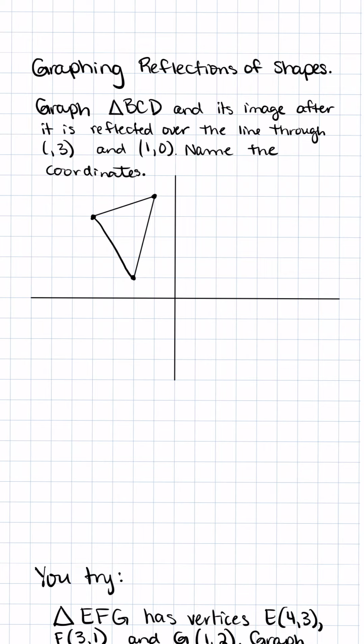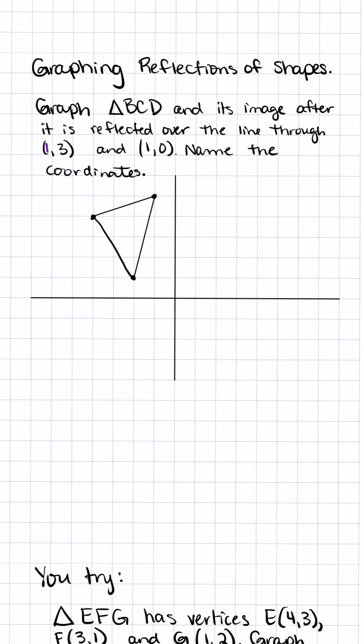Graph BCD and its image after it's reflected over the line through 3, I think I might have forgot a number there. I did. This should be 1, 3 and 1, 0. Name the coordinates.